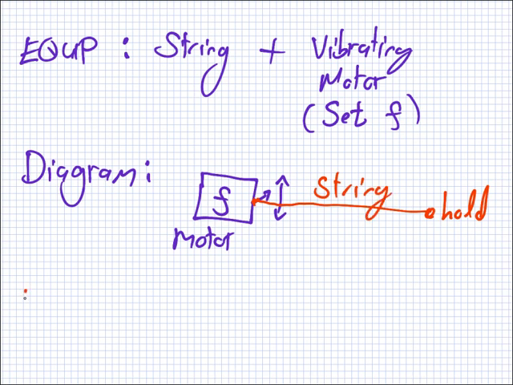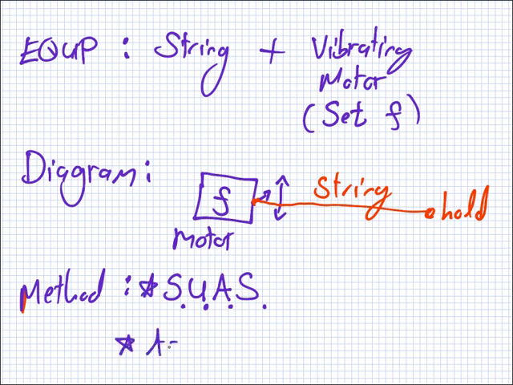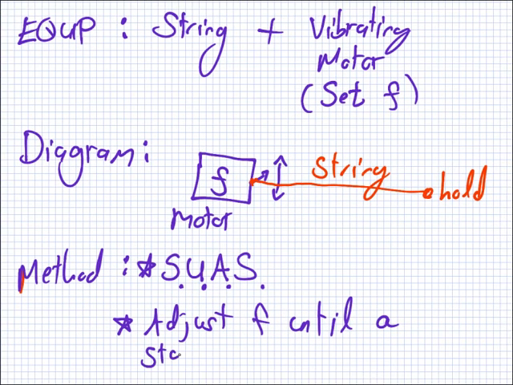And the method is what? The method is quite simple. Two steps. Set up as shown. I needed a shorthand for that. Yeah, why not? I'm tired of writing. Set up as shown, and then the next step is adjust F until a standing wave is formed.